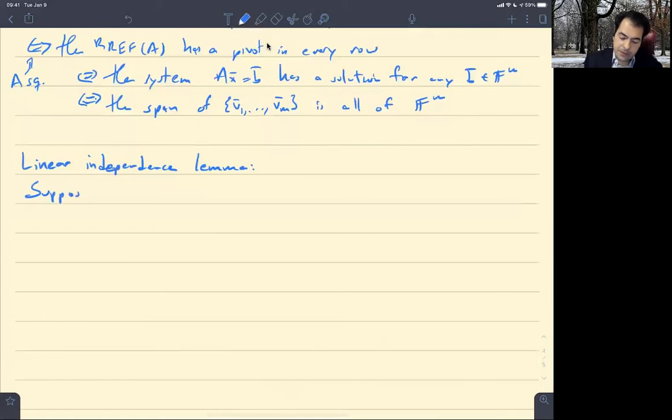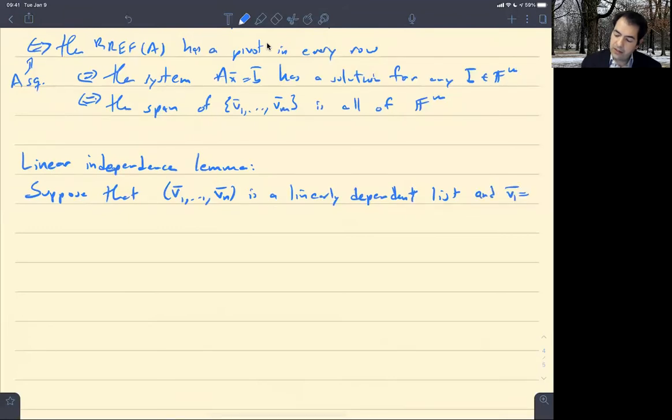Suppose that v1 through vn is a linearly independent list. Actually, let's look at the dependent case. Linearly dependent list. And let's say the first vector is not the zero vector.